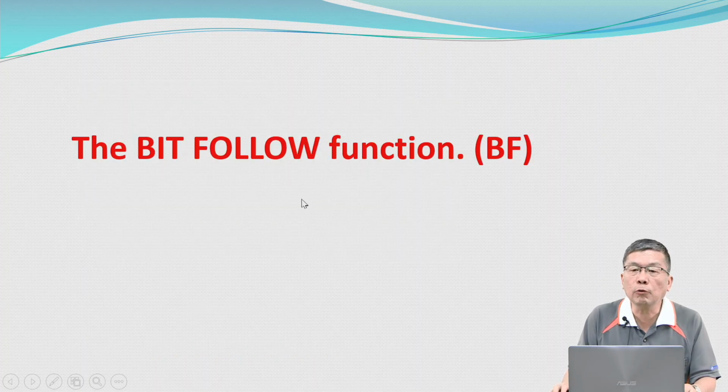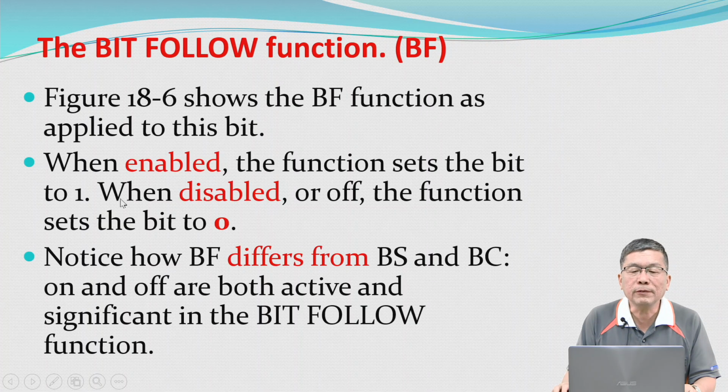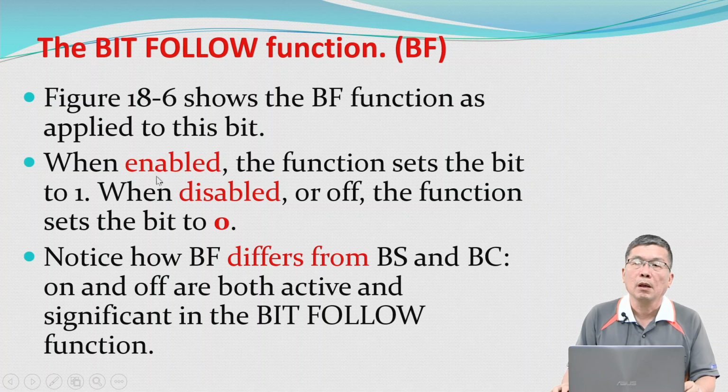The bit follow function, BF. The keywords: enabled, disabled, both active and significant. Figure 18.6 shows the BF function as applied to this bit. When enabled, the function sets the bit to 1.